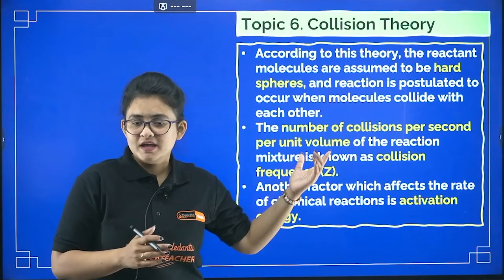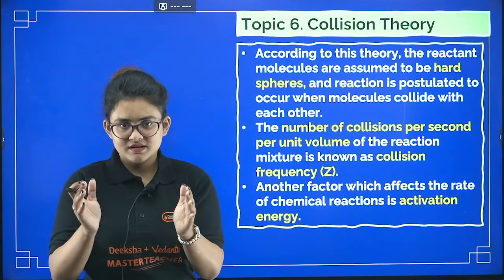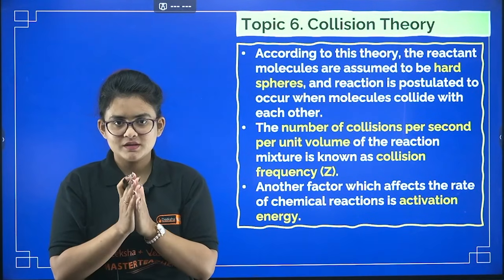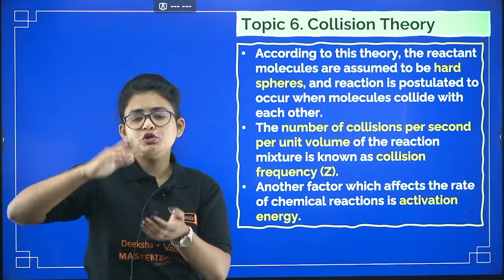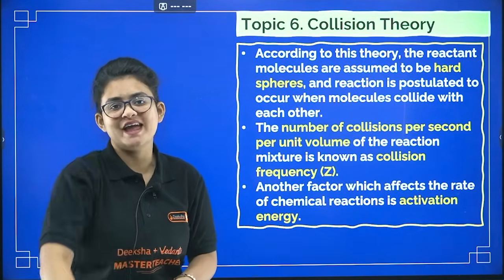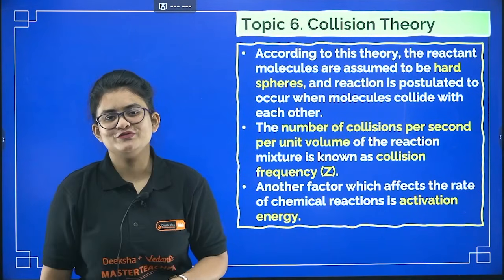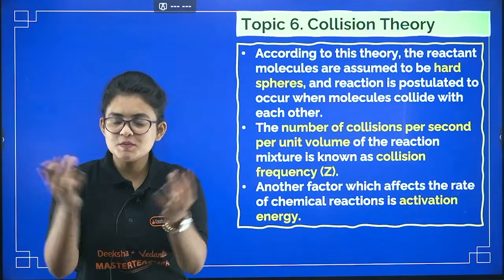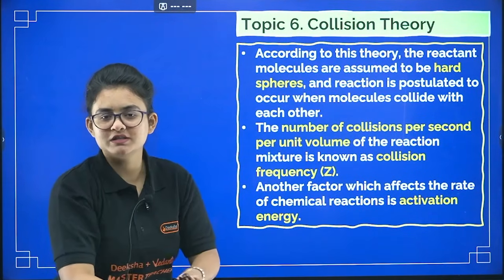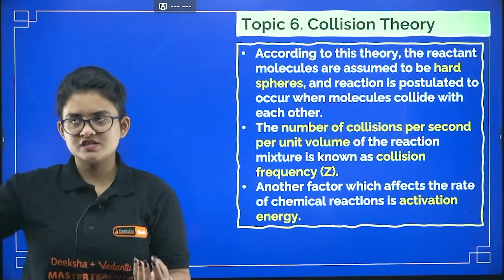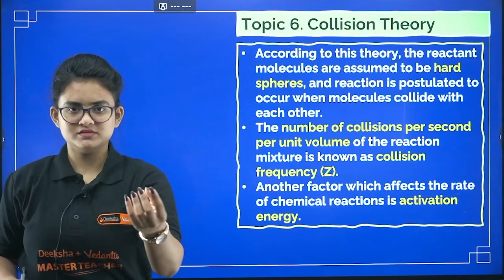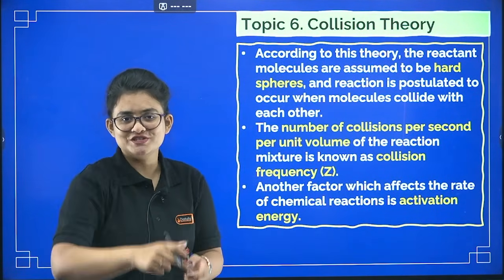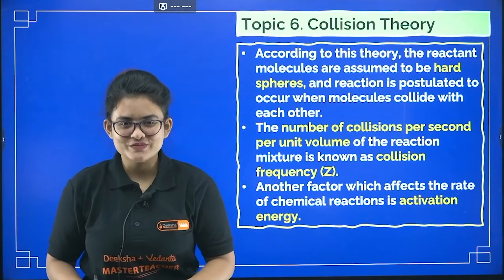In the same way, in a cubic centimeter there can be 10 power 27 collisions in a second, but not all of them are effective. If they were, you would just give the reactant and get the product, and this doesn't happen. So effective collision is important. All collisions are not effective.